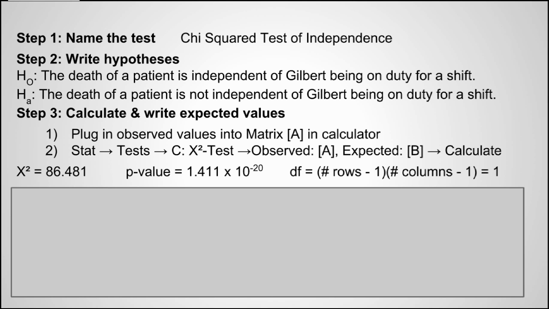You should get your chi-squared, which is equal to 86.481, your p-value, which is equal to 1.411 times 10 to the negative 20th, and your degrees of freedom, which is just your number of rows minus 1 times number of columns minus 1, and that should equal 1.